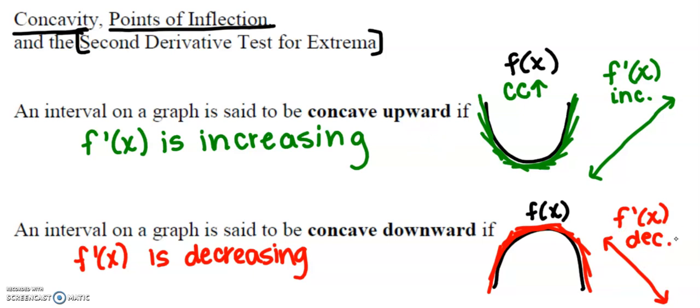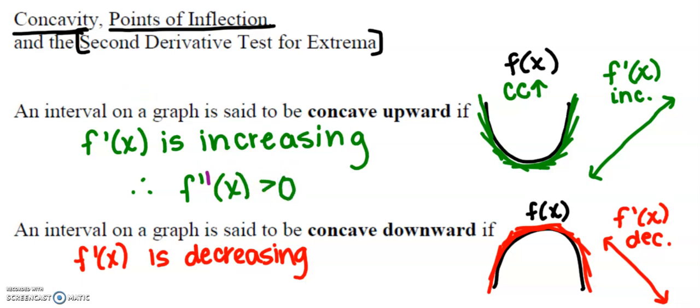So you might be asking, well, Ms. Schwartz, how do I know where f prime increases? How do I know where f prime decreases? Because so far all we've talked about is where f increases and where f decreases. Well, if we think about that, the second derivative is just the derivative of the derivative. Oh no. If f prime of x is increasing, then f double prime of x is greater than 0.